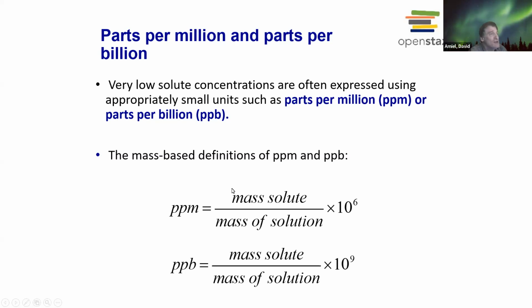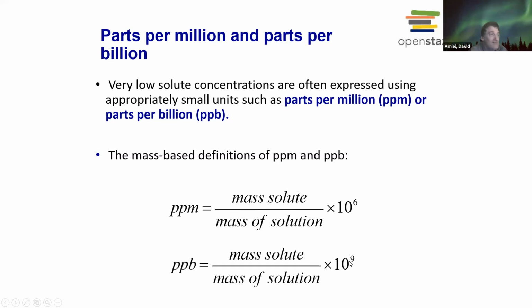In this class we'll use volumes or masses, either one of those two. Based on mass, it's just the mass of the solute divided by the total mass of the solution, times 1,000,000. That's ppm.